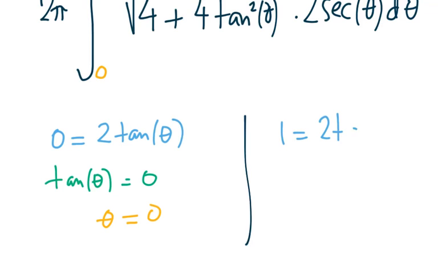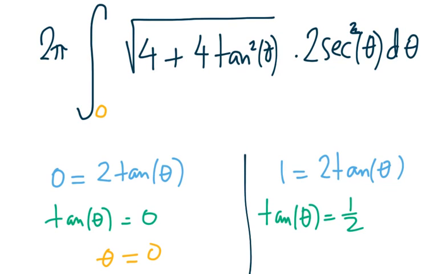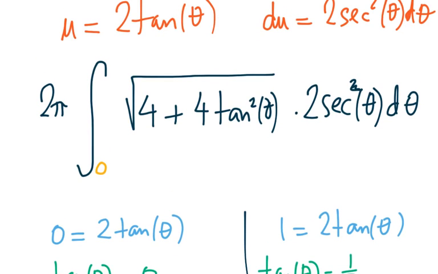Because the other boundary is 1. So that means tangent theta equals 1/2. When is tangent 1/2? We don't know. We can either leave it like that, like arctangent of 1/2, or we can go back at the end and change it. But I'm just going to put arctangent of 1/2. Okay, we'll deal with that. That's not our major concern right now. We can always come back and fix this.